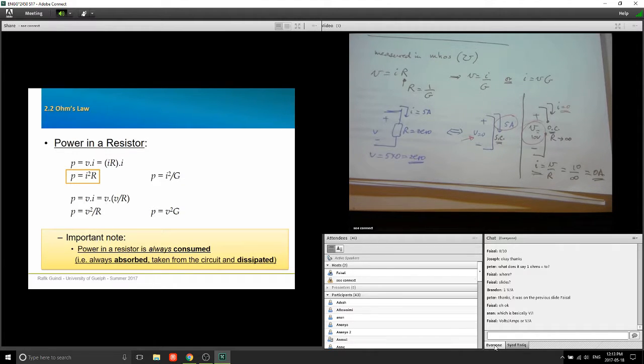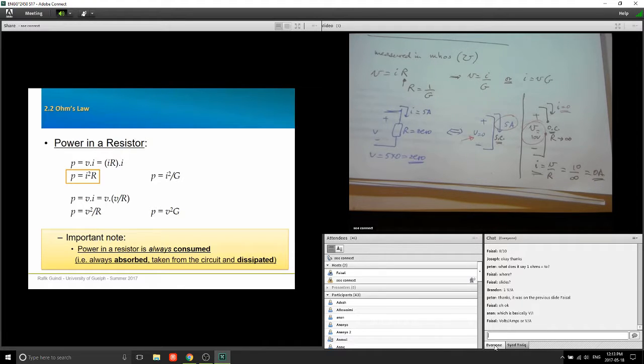But if you have a resistor, you know the value of the resistor, and you know the current flowing through it, instead of figuring out how much voltage and then multiplying the voltage times the current, you could go through a shortcut and say the power in the resistor is I squared R.